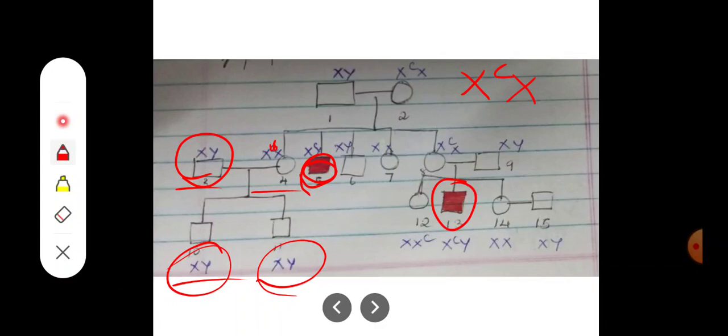The other possible genotypes from these combinations will be XX, XC, and XY, because here one of the parents is a carrier. How do we understand that one is a carrier? Because all the other children are not affected.